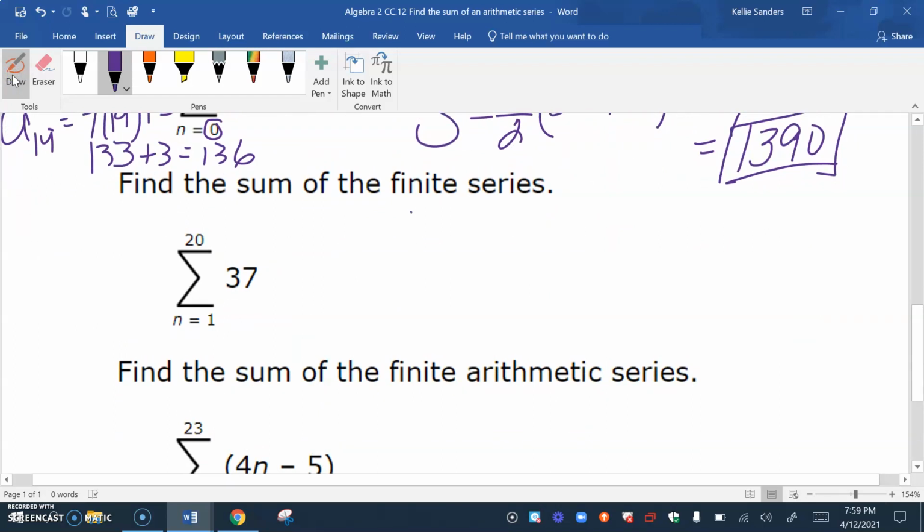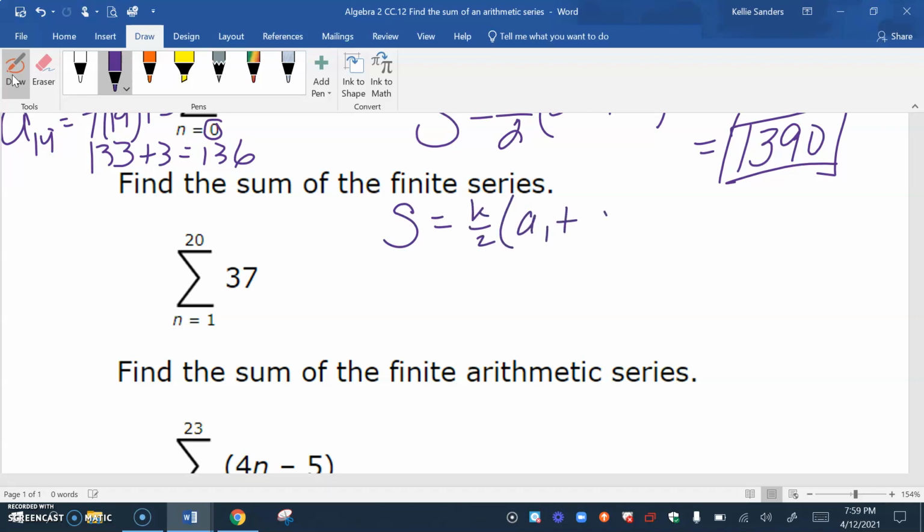Okay. The sum, k over 2 a sub 1 plus a sub n. A sub 1 means that you put 1 in for the n. But 37 doesn't have an n, so that answer is going to be 37. A sub 20 means you'd put 20 in for n.